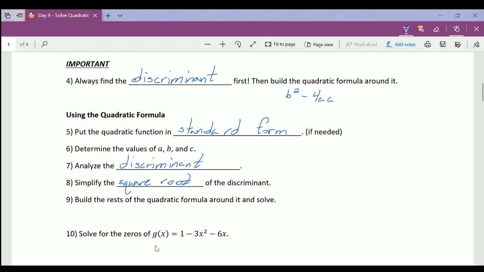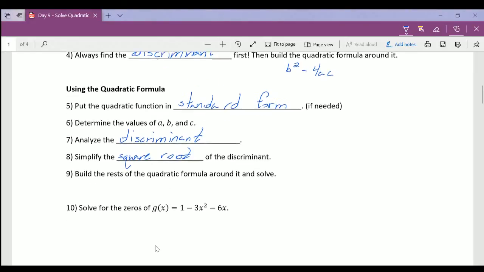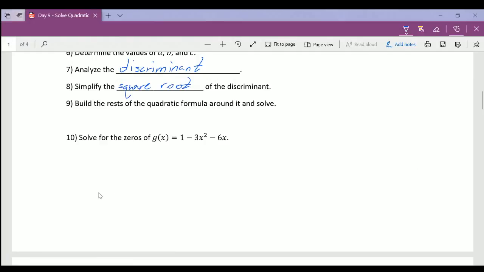Okay, so let's go ahead and do one. This one right here says g of x equals 1 minus 3x squared minus 6x. G of x, we can replace that with a 0. And we just need to get this into standard form.